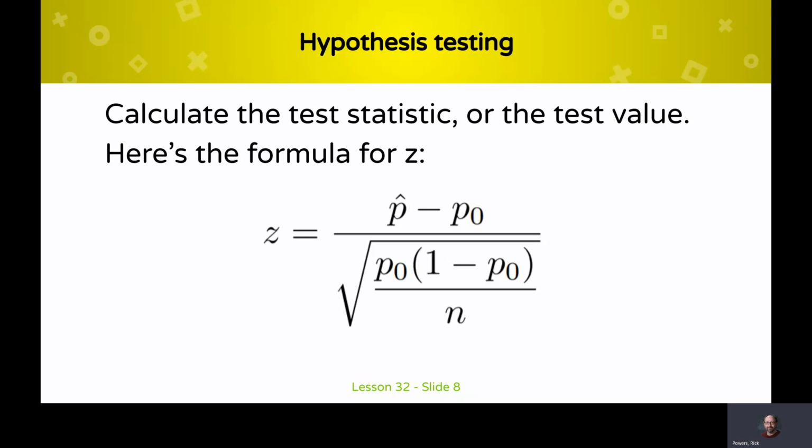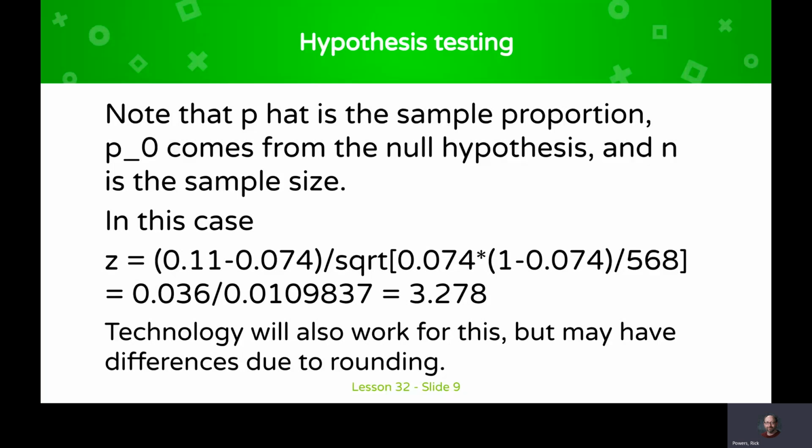Calculate the test statistic or the test value. Here's the formula for Z. Z is equal to p hat minus p0 divided by the square root of p0 times 1 minus p0 divided by n. Note that p hat is the sample proportion. P0 comes from the null hypothesis, and n is the sample size.